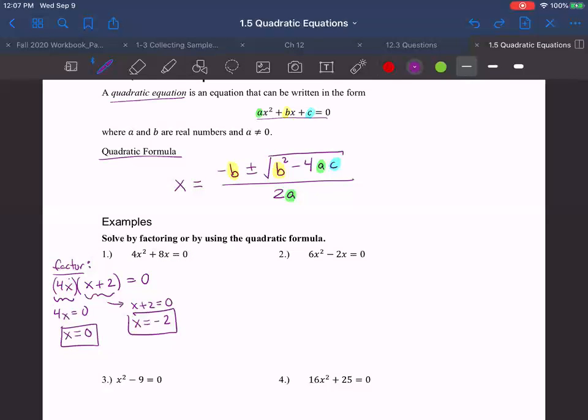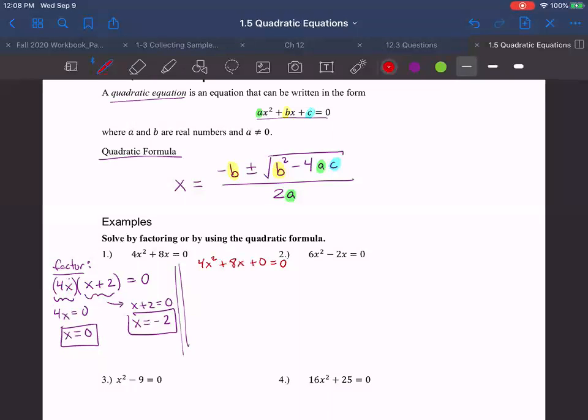However, if you came across this problem and you didn't realize that you can factor this, or you didn't even try to factor it, which you really should try first because it's usually faster, you could also have written this out as 4x squared plus 8x plus 0 equals 0.